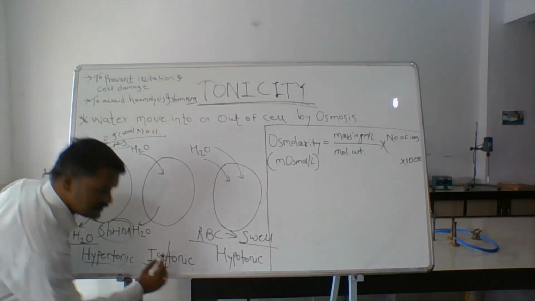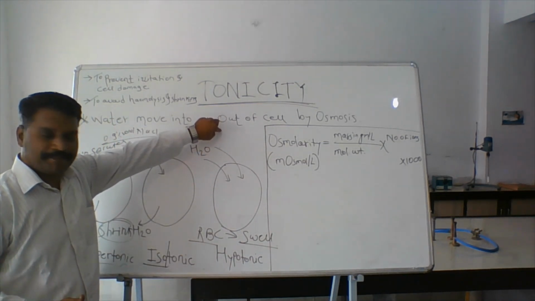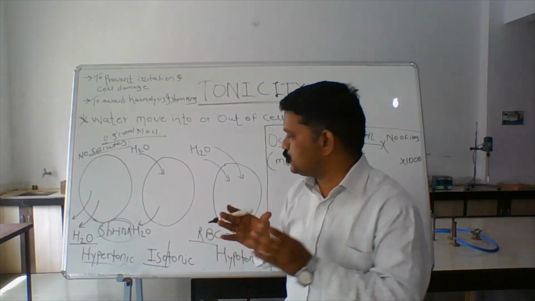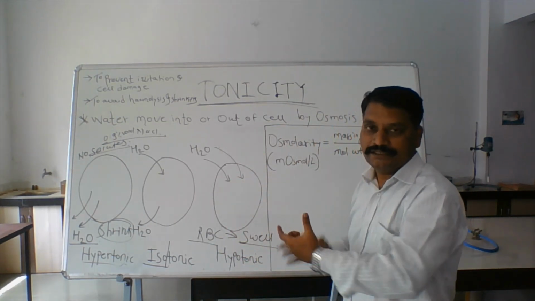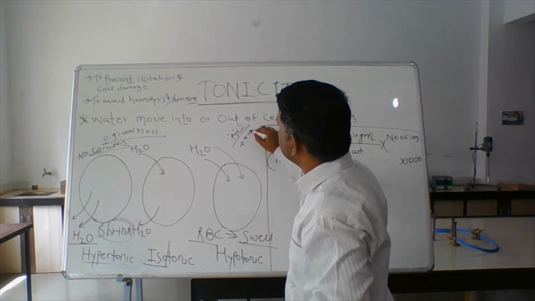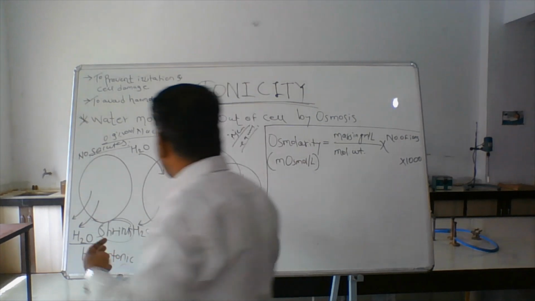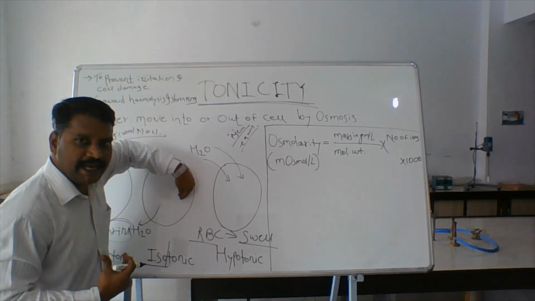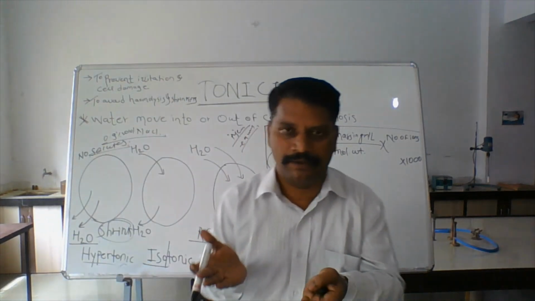Now see the isotonic solution. Iso means equal and tonic means tonicity. So the tonicity of the injection is the same as that of the body fluid or the blood. So what will happen? The movement of solvent, or water, into the cell as well as outside the cell is in equilibrium.